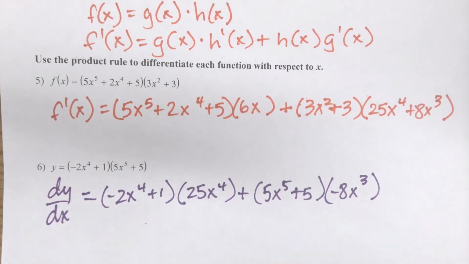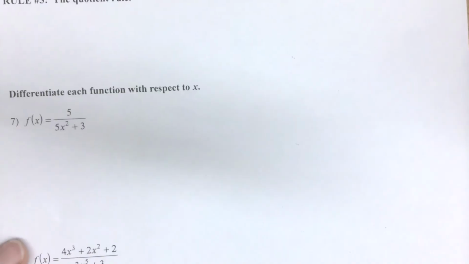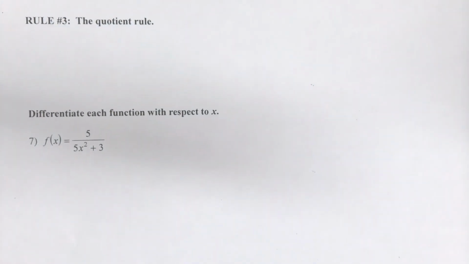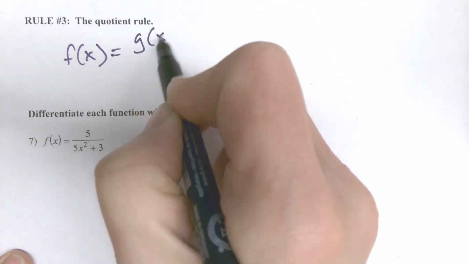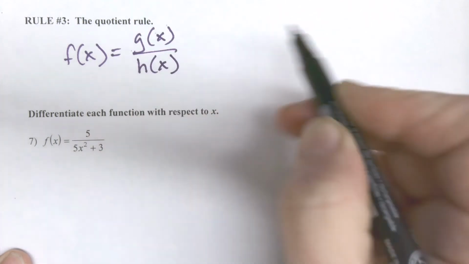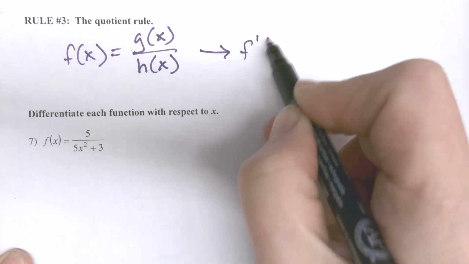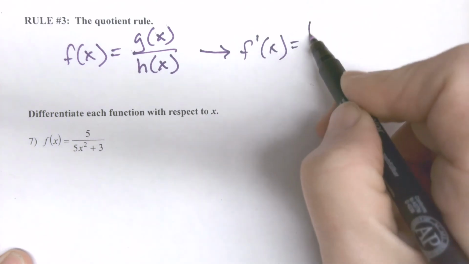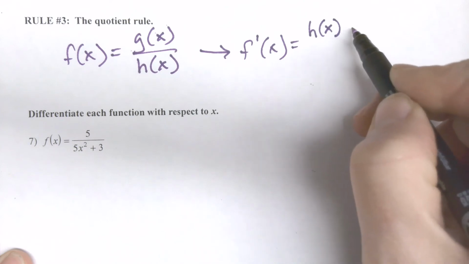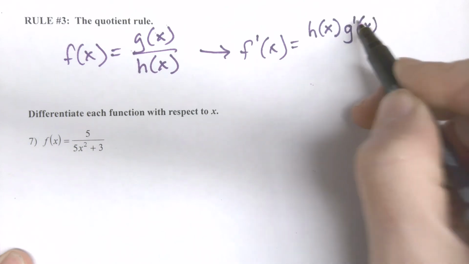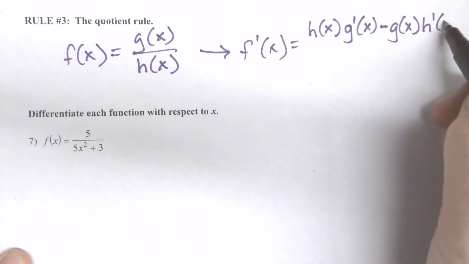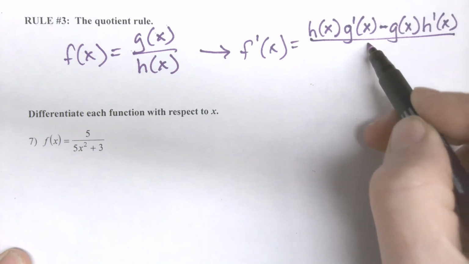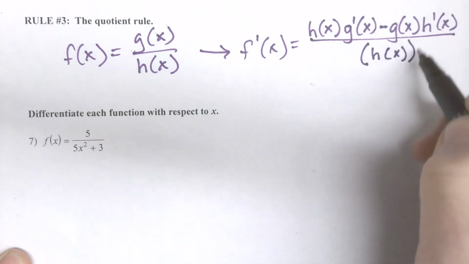All right, quotient rule also uses the power rule. And so the quotient rule looks like this. If my function is a quotient of 2, then my derivative is the bottom times the derivative of the top, that's what that little prime means, minus the top times the derivative of the bottom over the bottom squared.